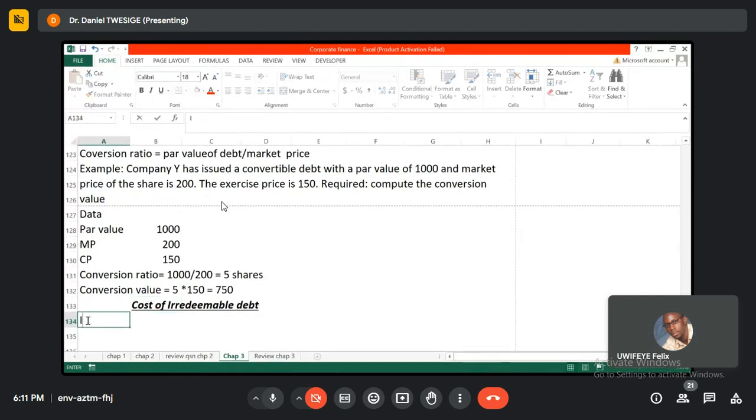When we say irredeemable debt, it is a debt without a maturity period, meaning it is in perpetuity.